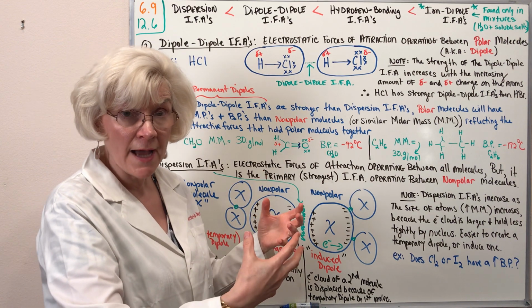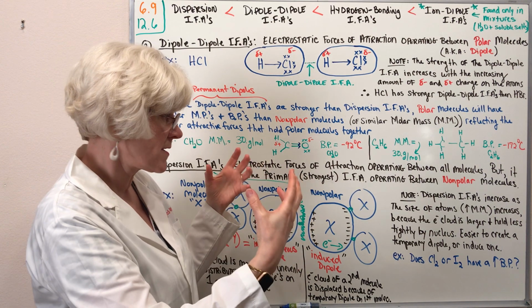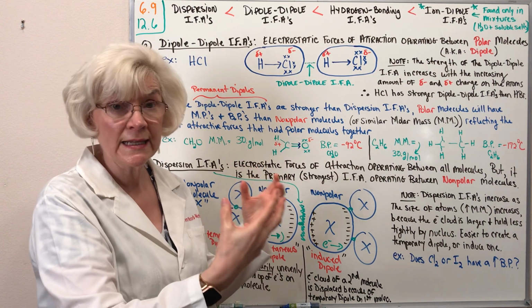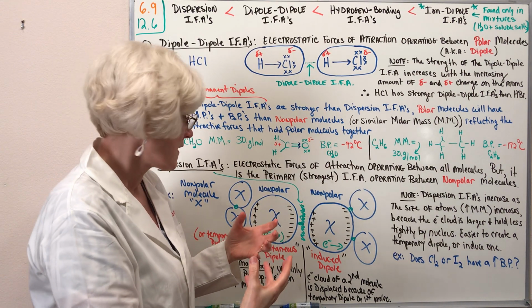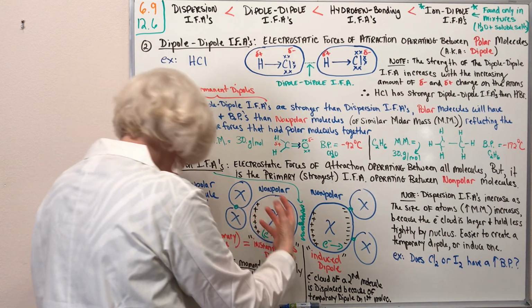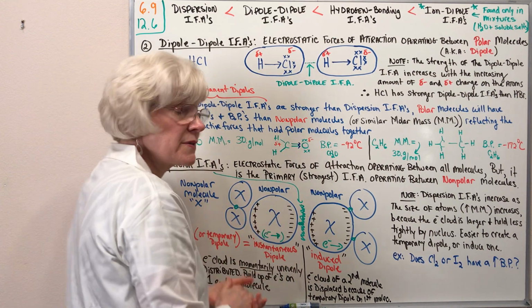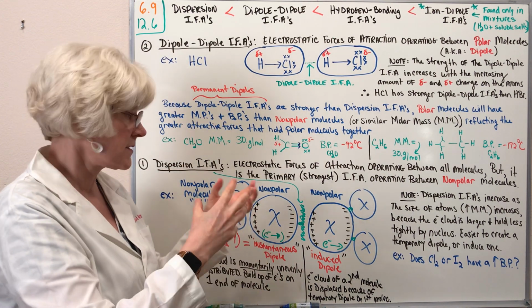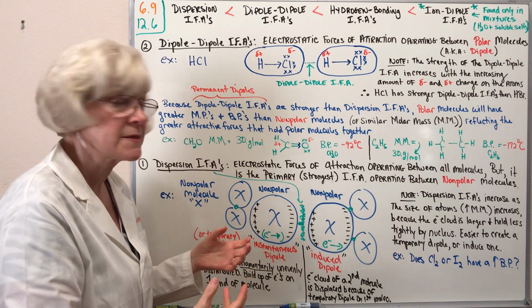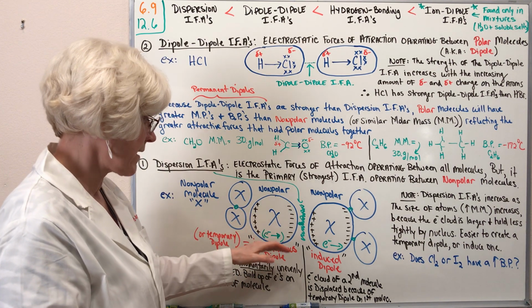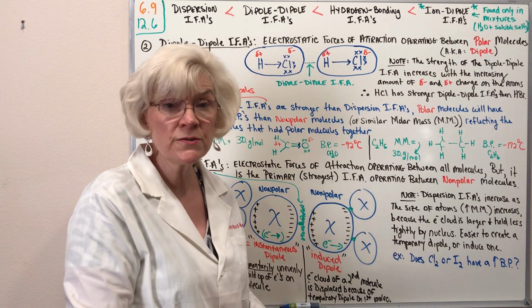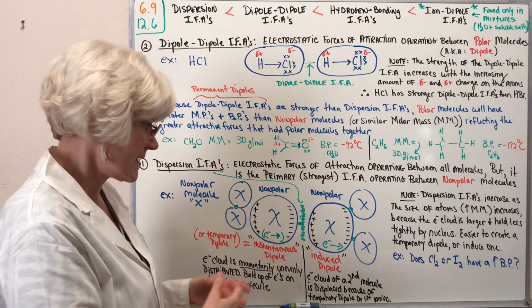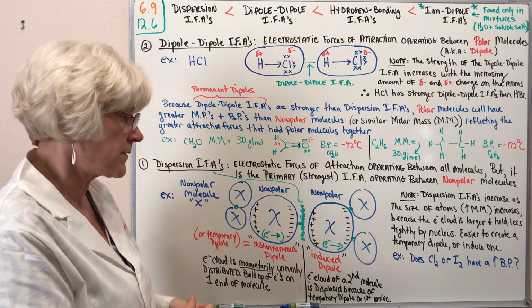Well, the bigger the atom, the larger its electron cloud, and the less tightly held that electron cloud is by the nucleus. Therefore, it's easier to displace the electron clouds of larger atoms and cause temporary or instantaneous dipoles to form, or to induce a dipole on a second nonpolar molecule.